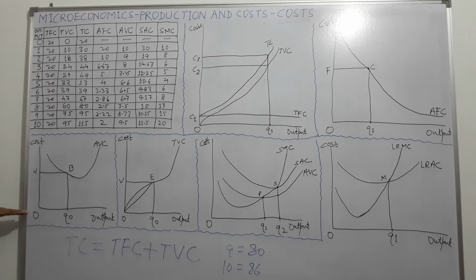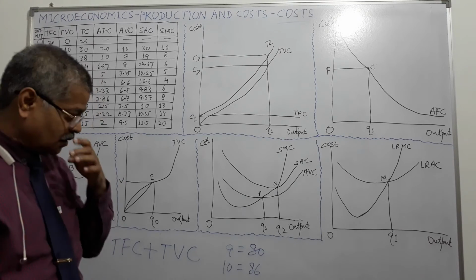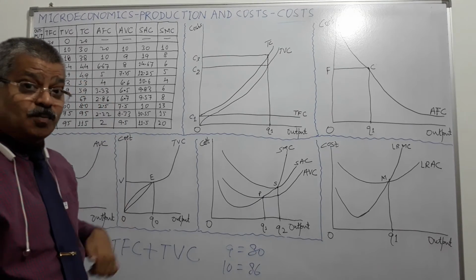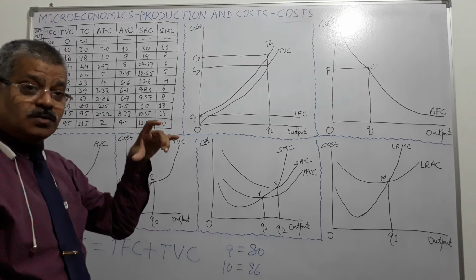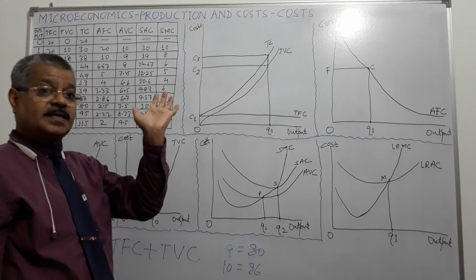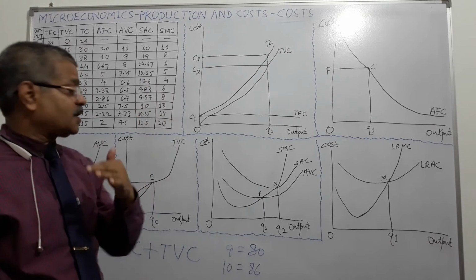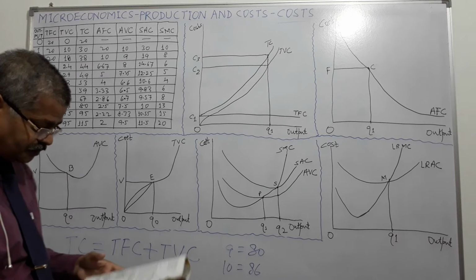So when the output is increased, average variable cost initially goes down and then it starts going up after a certain point, right? We have seen in the law of variable proportions, if we keep on increasing an input while keeping all other inputs constant, initially it increases but later on it comes down. Same way here also, right?